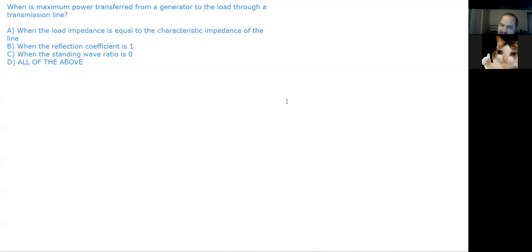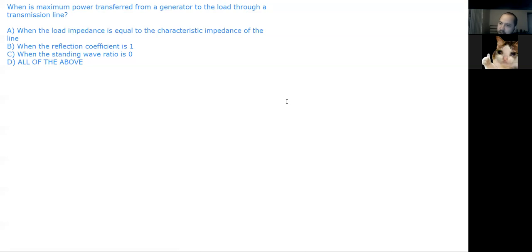I'm guessing D, because what was it? Reflection coefficient is... Wait, but if the load impedance... B is wrong.